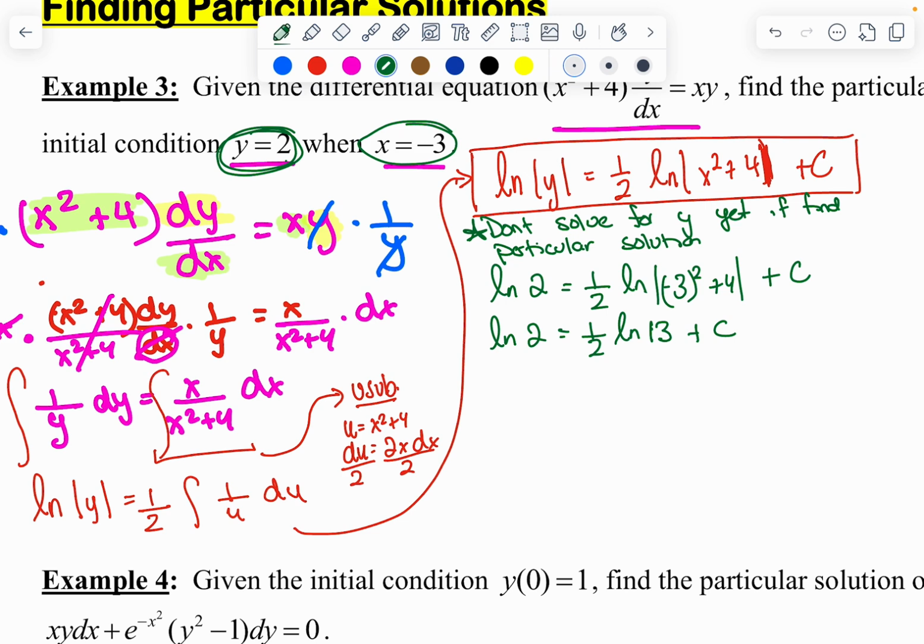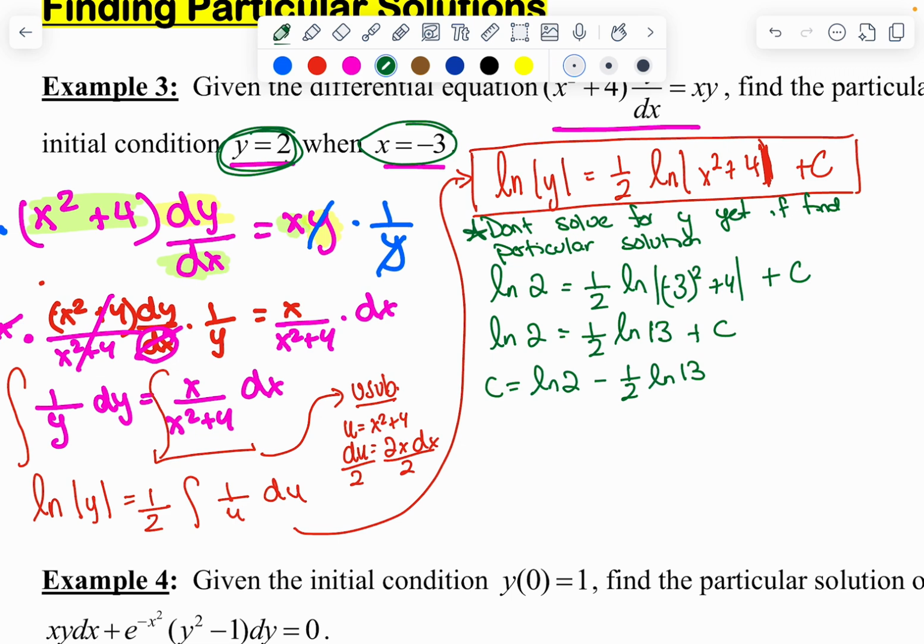So now what is c? C without a calculator is equal to ln of 2 minus 1/2 ln of 13. And it's okay to have a c that looks this ugly. Okay?